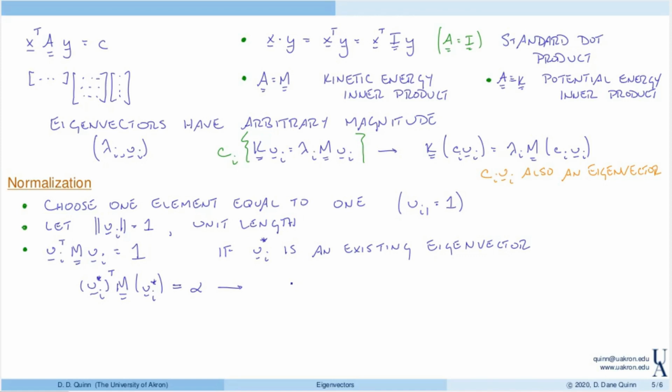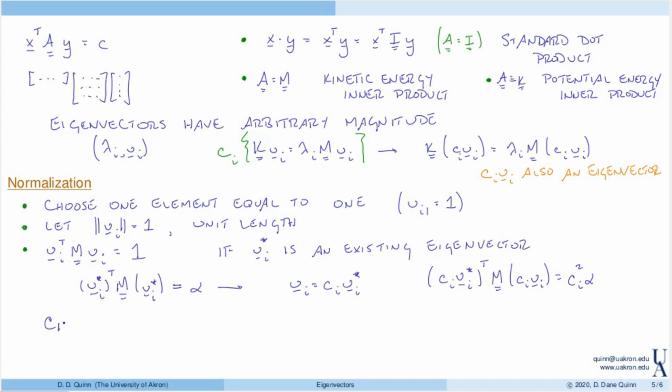So now consider an eigenvector u_i equal to some constant times that original eigenvector. As a result, when I calculate the kinetic energy inner product, essentially that's just c squared times the original value of the inner product.